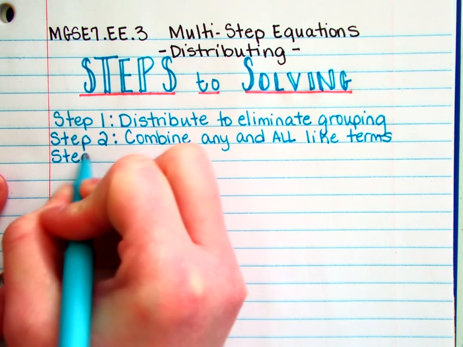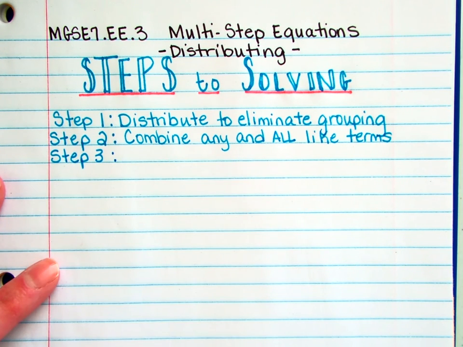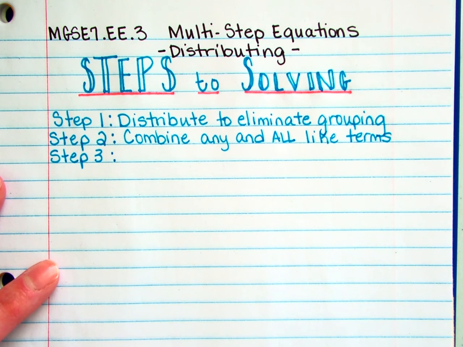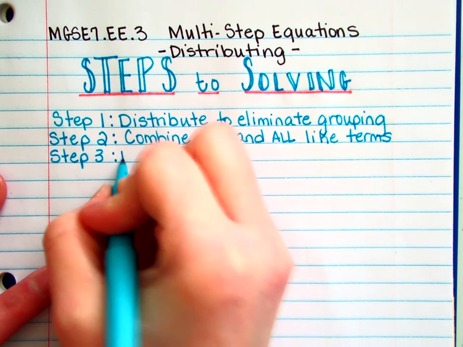Step 3 is move all variables to one side and constants to the other side. Now, this was a step 3 and a 4 previously, but I'm combining them.